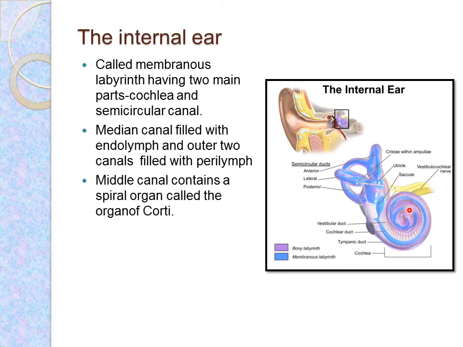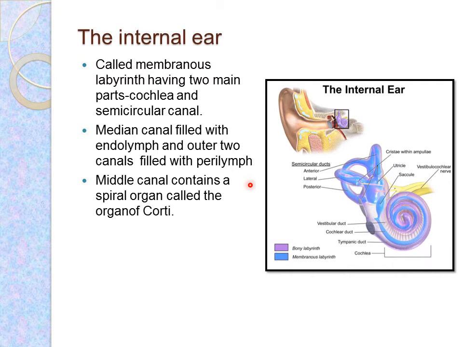The median layer is filled up with endolymph, so the middle canal is filled up with the endolymph. Now please remember these terms. And the outer canals are always filled up with perilymph. Now here you see endolymph and perilymph. So the fluids with which it is filled up are endolymph and perilymph.